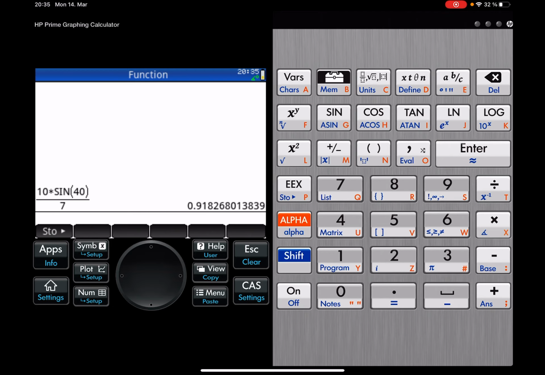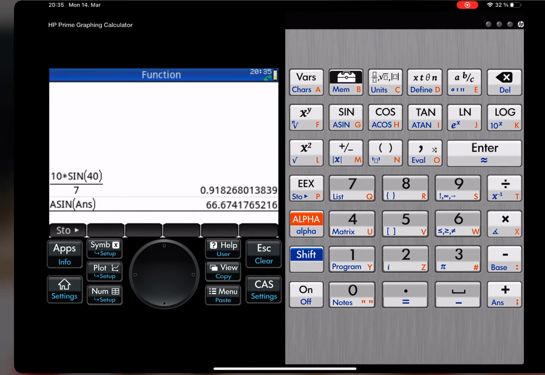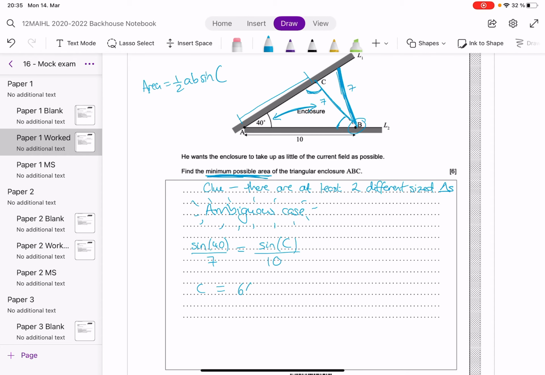So that is the sine of my angle. Sine C is that. Let's do the inverse sine of it. 66.674 degrees.